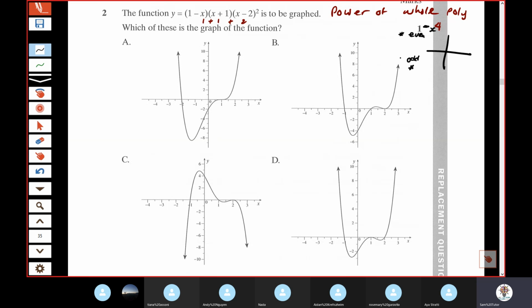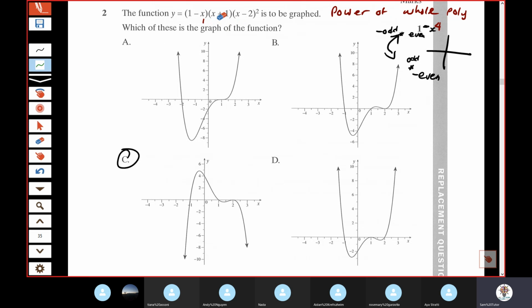But if it's negative, you do the opposite. So this would be negative odd, and this would have been negative even. That was step 1. So for this question, we definitely know, just by that, the answer has to be C. But we're going to check it anyways.